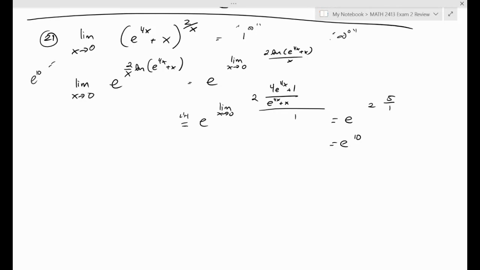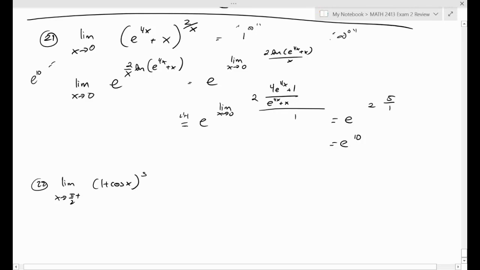All right. I'll just leave this one on the answer key. But this is a fun one to do. Apparently this is e to the negative 1. But same idea of logs. All right.